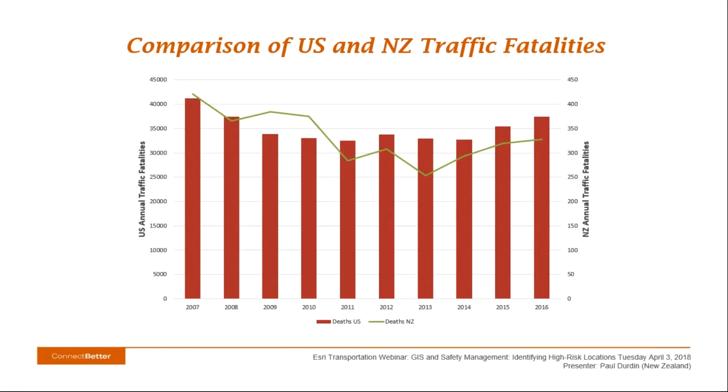Similarly, in New Zealand, we're 2 orders of magnitude different, but that's reflected in the population. We've gone down from around 420 deaths per annum to, we got as low as 250 in 2013.